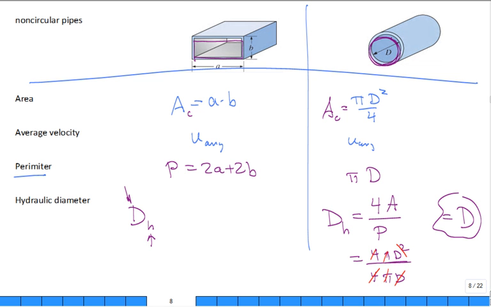So, all right, let's come over here now. What is the hydraulic diameter for this rectangular section, cross section A and B? So it'd be 4 times A times B divided by 2 times A plus B. You can simplify it a little bit, 2AB divided by A plus B, but you're pretty well stuck sometimes. That's just what it is. All right. So now you could treat in the calculations something that's not round as if it's round using its hydraulic diameter.